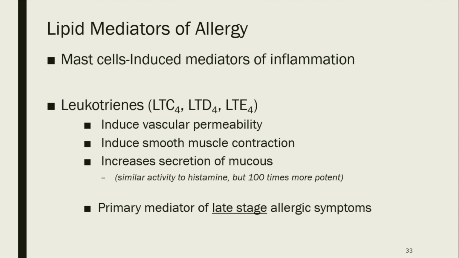And there's also another branch, leukotrienes. They also induce vascular permeability and smooth muscle contraction, leading to all types of symptoms: shortness of breath, increased secretion of mucus, coughing up sputum, and a runny nose, and cases like that.